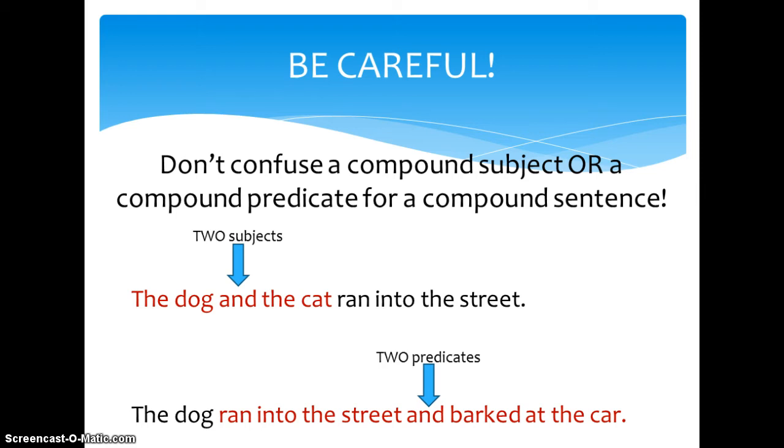Therefore, we have two predicates, but only one subject. Again, because there is not a complete sentence before the conjunction and a complete sentence after the conjunction, we do not have a compound sentence.